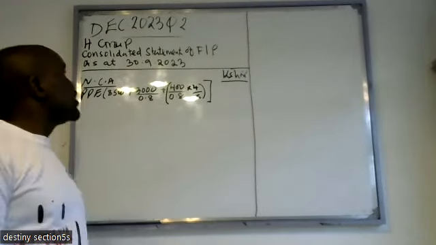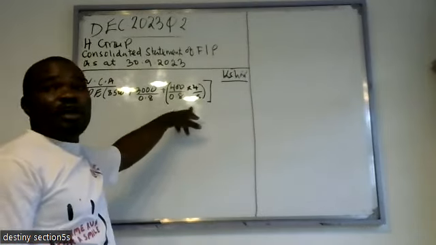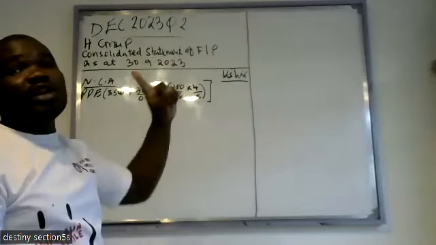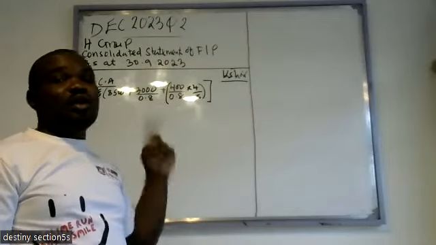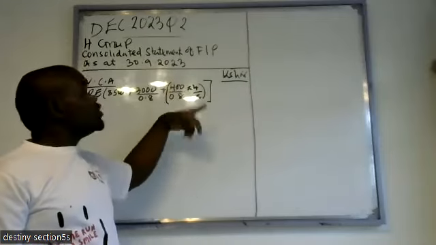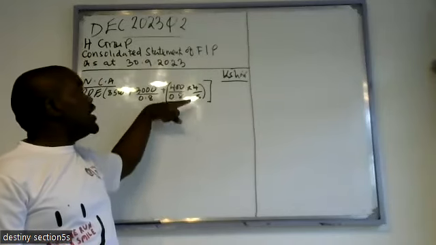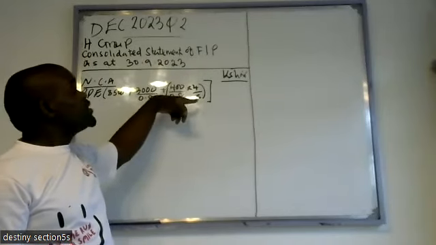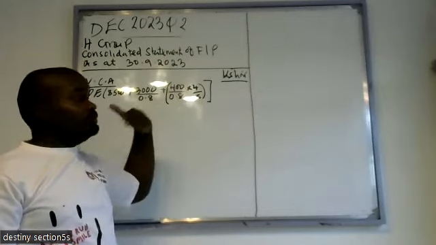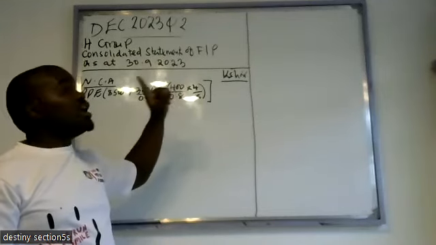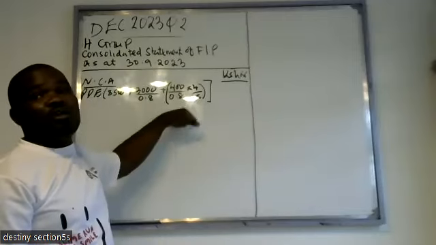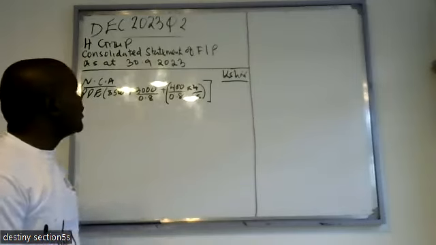Then, yes, it was 80. Why am I multiplying by 4/5? Useful life was 5 years, and we have only depreciated 1 year. Only one. So it means the remaining useful life is 4 years. So you can either subtract depreciation direct, or you just multiply by 4/5. Because this is year 1, and we have only depreciated it for that 1 year. So it means the remaining is 4/5, whichever way.